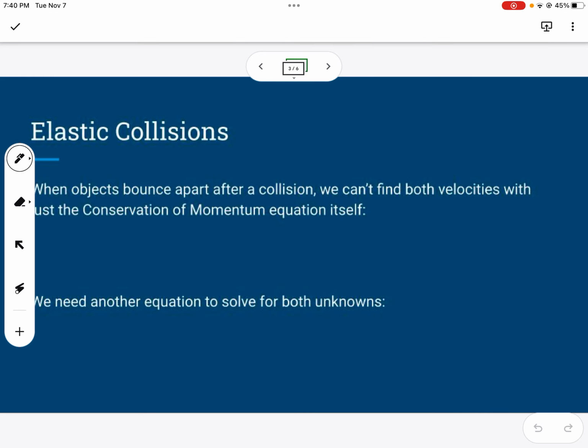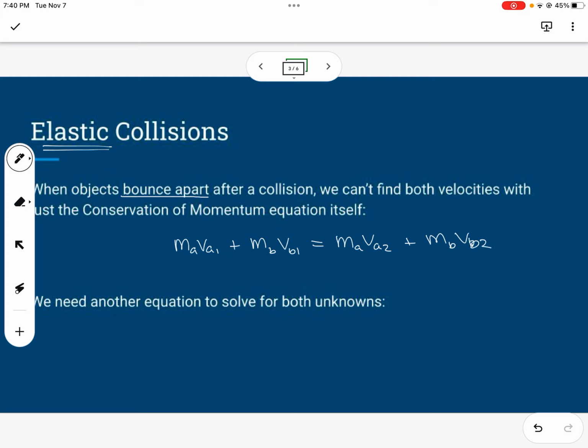So far we have the conservation of momentum equation itself. When we have objects that bounce apart after a collision, when we're dealing with elastic collisions, the conservation of momentum equation is helpful. So that's MA VA1 plus MB VB1 equals MA VA2 plus MB VB2.